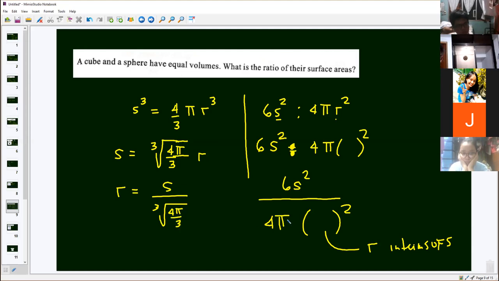Then now, we'll be putting here S over cube root of 4 pi over 3. So as you can see, S will cancel out eventually. So what will happen is purely algebra work. So ayusin na natin yung fraction na yan.